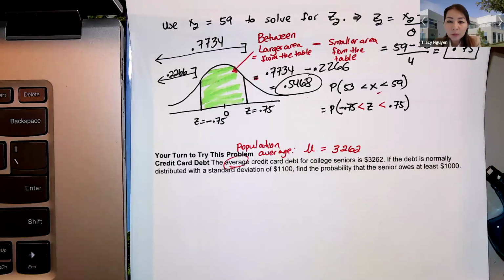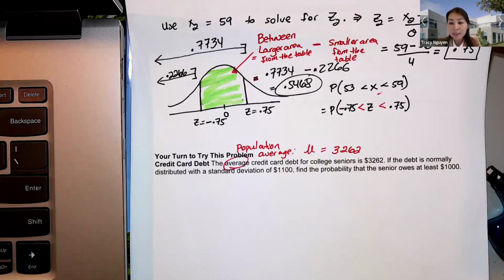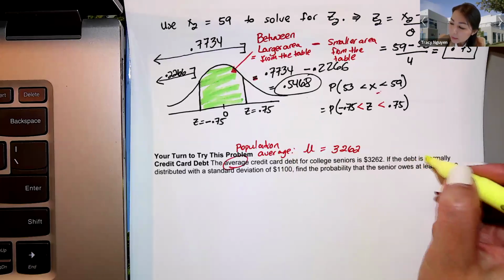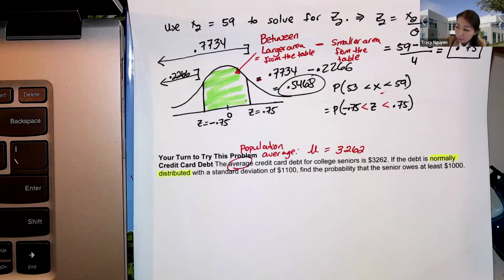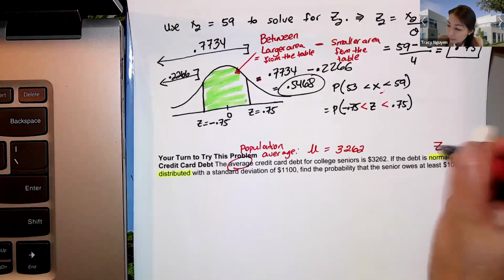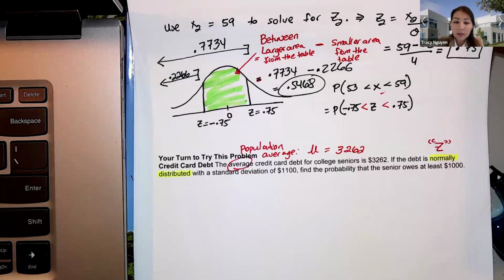Again, with word problems, what I recommend is to break it down one sentence at a time, or even half of a sentence, and when you come across your keyword, pause and analyze the problem. If the debt is normally distributed, that tells us we have Z. We're going to use a Z formula to solve.